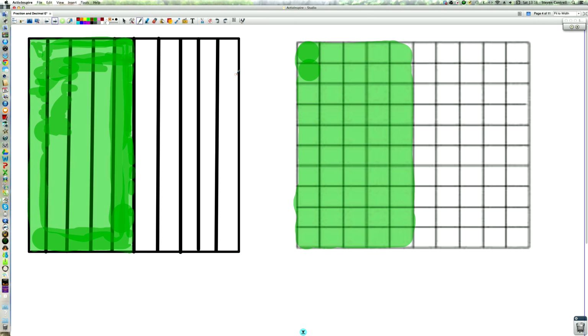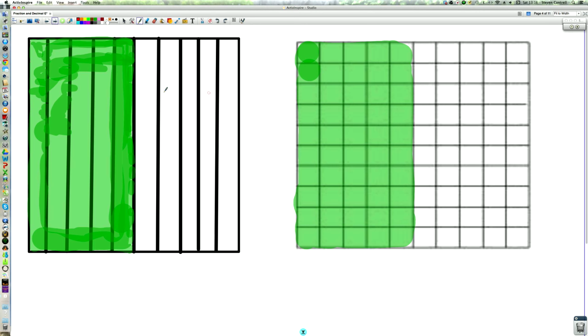Okay, so here we have two models. Notice how many white spaces there are in between these black bars? There's 1, 2, 3, 4, 5, 6, 7, 8, 9, 10. And this has 100, right? 1, 2, 3, 4, 5, 6, 7, 8, 9, 10 and 1, 2, 3, 4, 5, 6, 7, 8, 9, 10. 10 times 10 is 100.